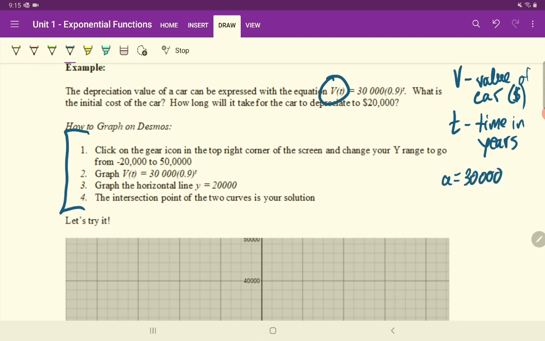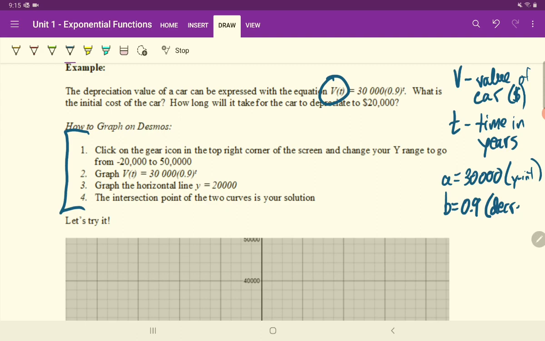Which means that's going to be your y-intercept. All right, so keep that in mind. That's going to be our y-intercept, 30,000. That's our initial value. Now, our b value is 0.9. Is that decay or growth rate? If it's 0.9, is our function going to be increasing or decreasing if we have a 0.9 there?